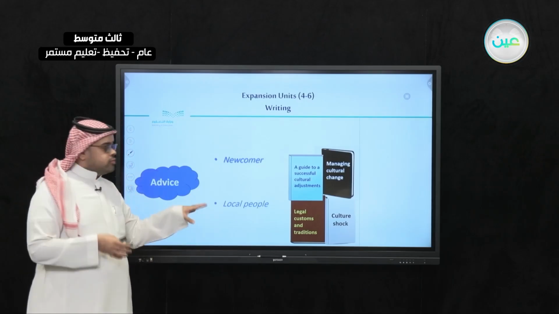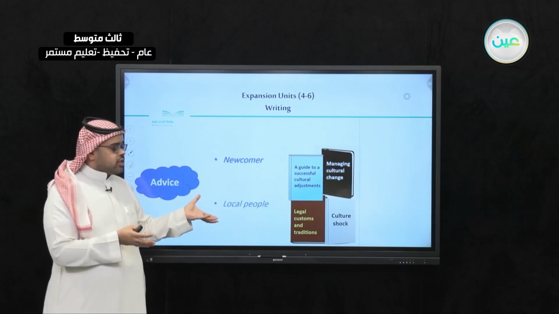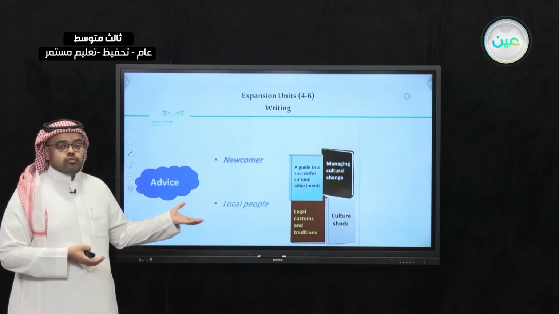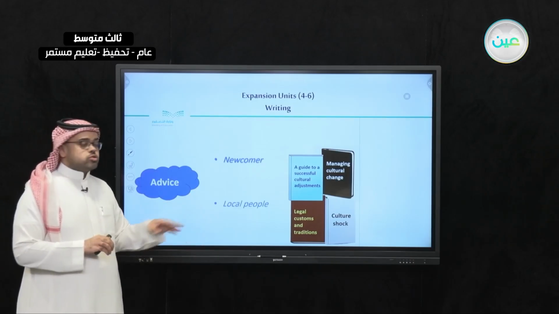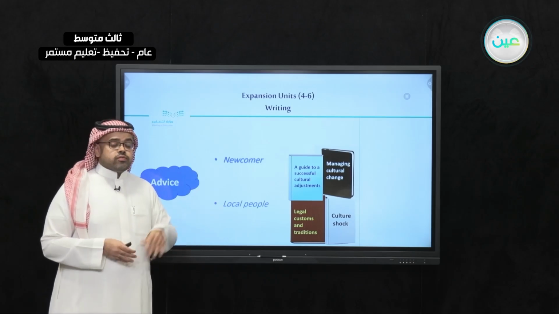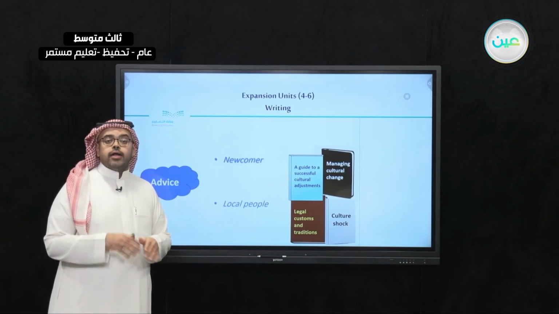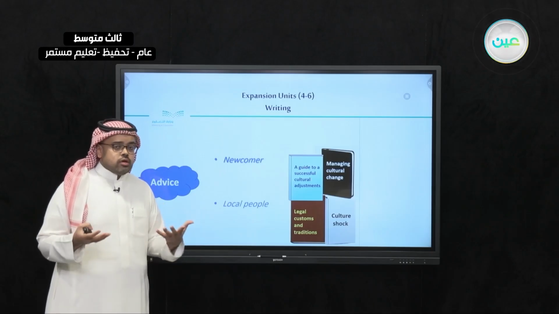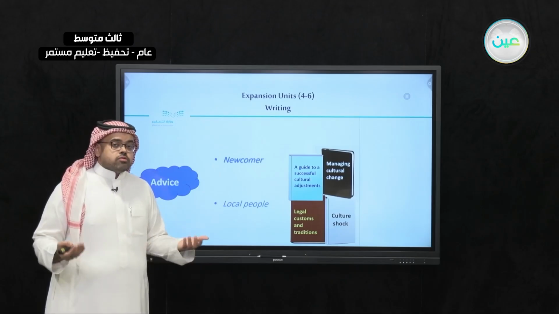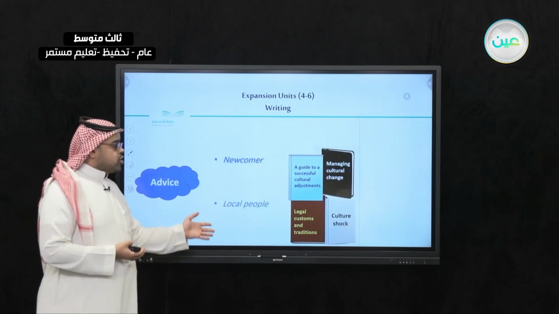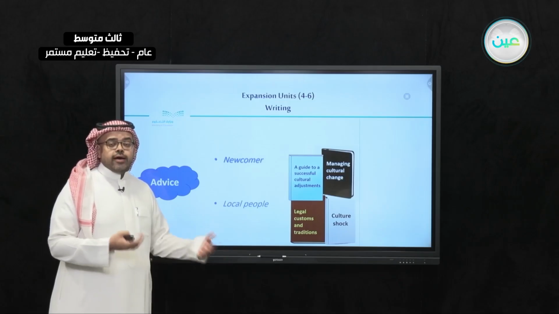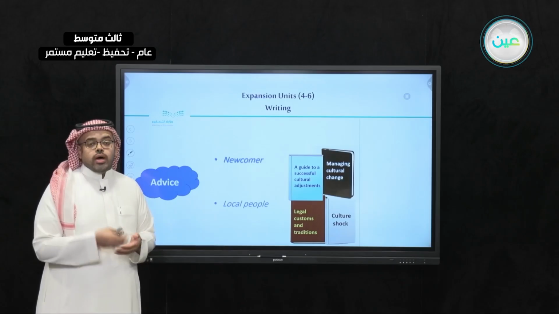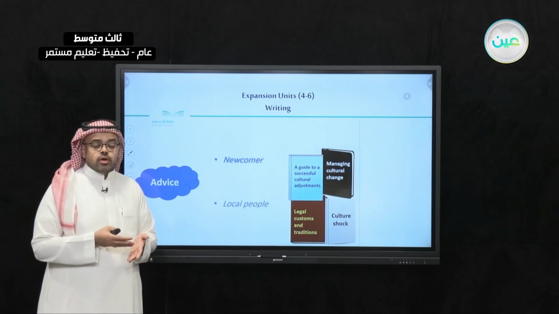So here, after thinking and brainstorming some ideas out of these four books, we need to write advice to a newcomer, a person who is visiting a place for the first time, about how to adjust and adapt, just some instructions based on our opinion and our experiences, and also advice to local people when they happen to host newcomers or new visitors who visit their home for the first time.